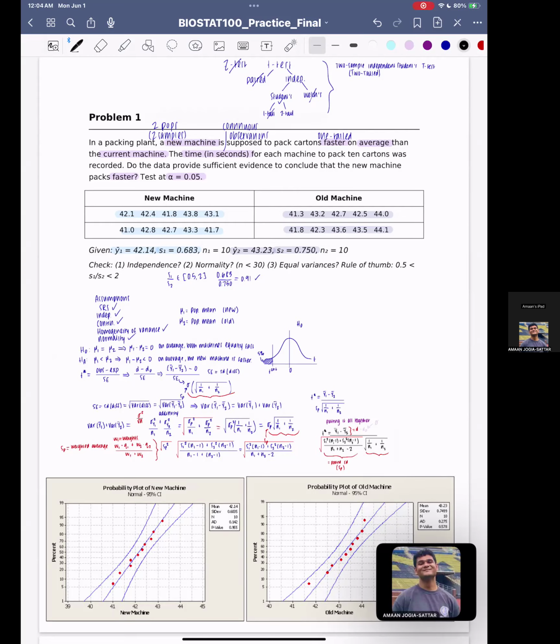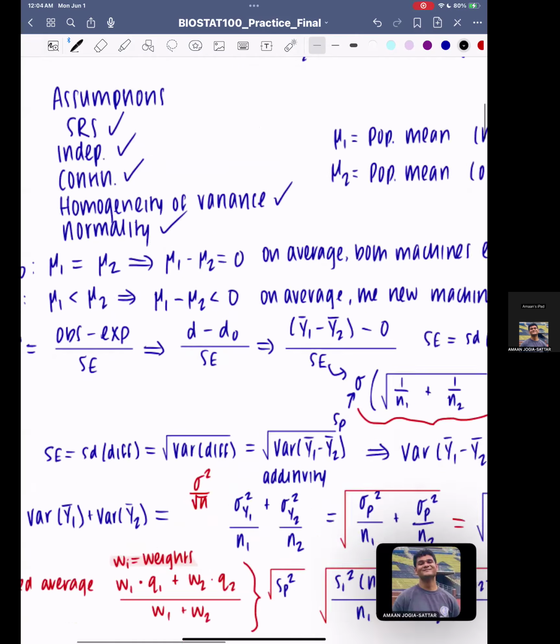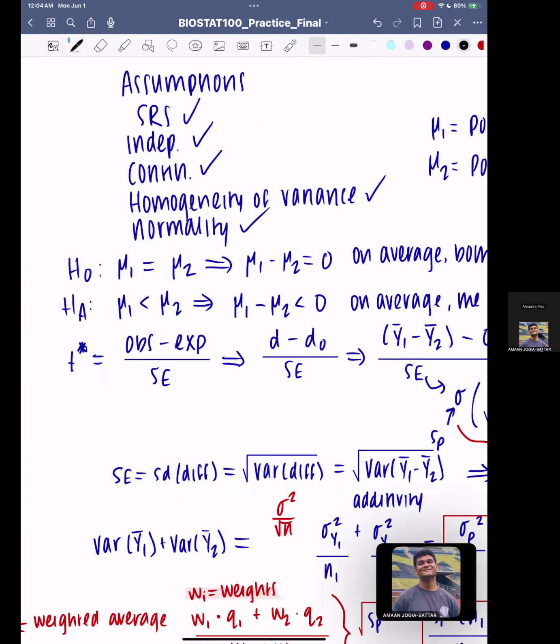So you're going to want to check those assumptions. Then you're going to want to formulate your hypotheses. And oftentimes it can be easier to frame them in terms of a zero or a non-zero. So the way we did that was we just subtracted mu2 from both sides right here. And you're going to see if you have a one-tailed or two-tailed, and you're going to basically just try to see the shape of your test statistic.